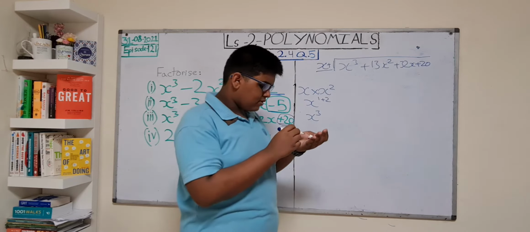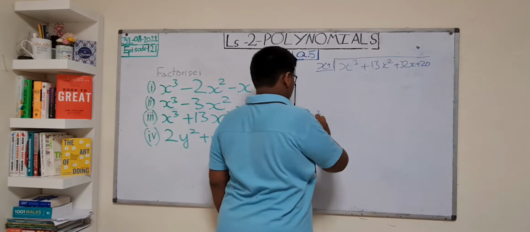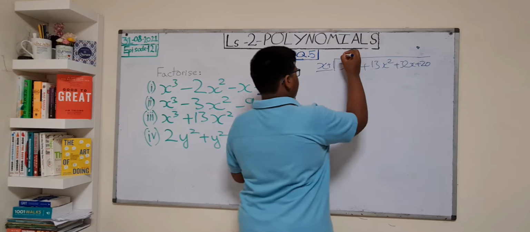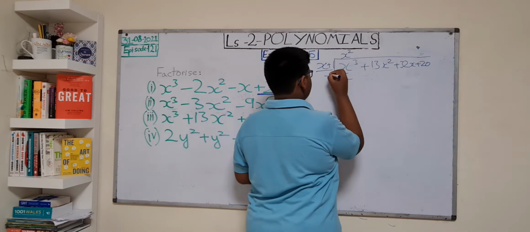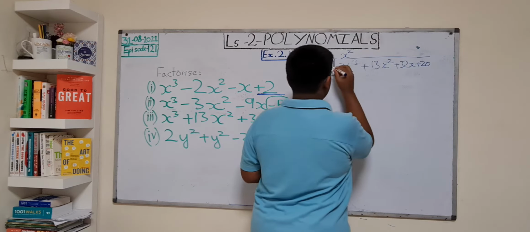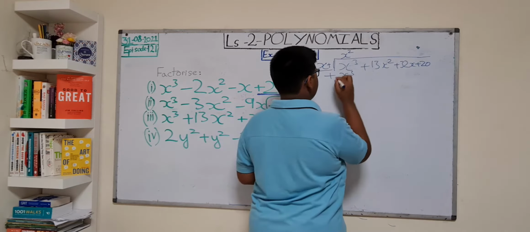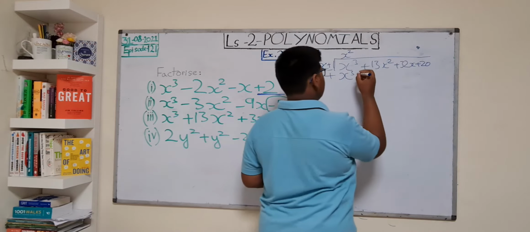Now we can take x squared as the first digit of our quotient. Now we have x squared over here. Then if we subtract it, this will be positive itself, and then x cube. Then we have to multiply 1 with x squared, because if we are multiplying anything with x, we have to multiply that with 1 also.